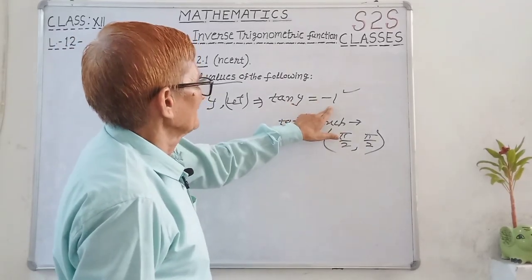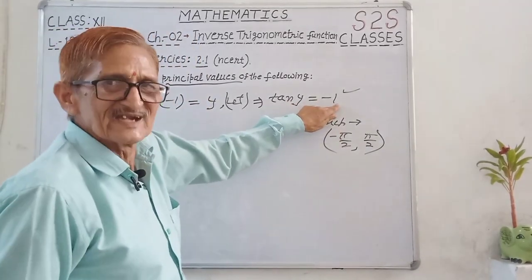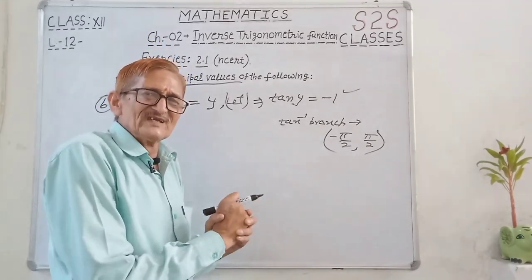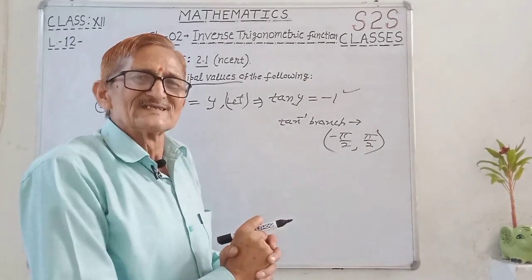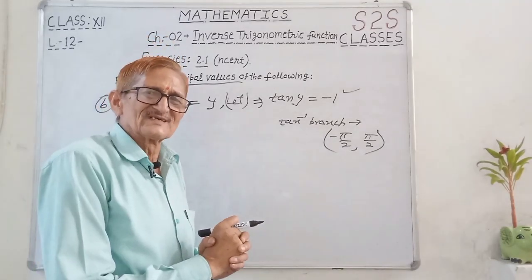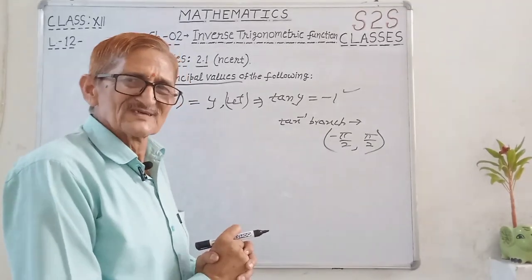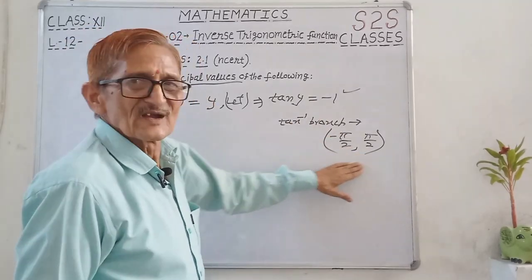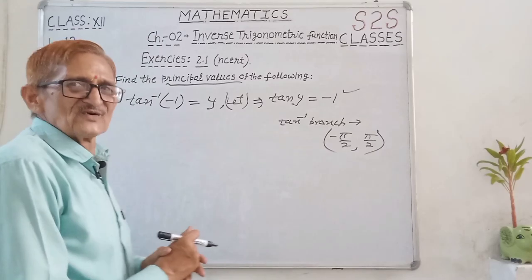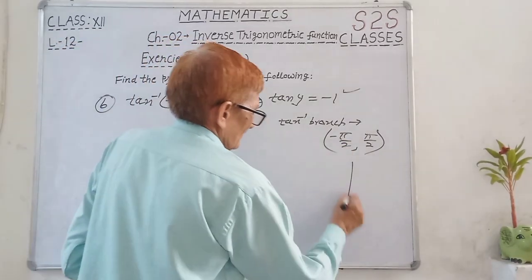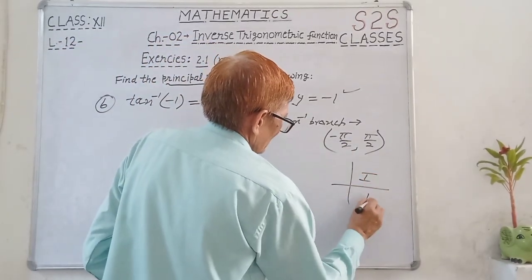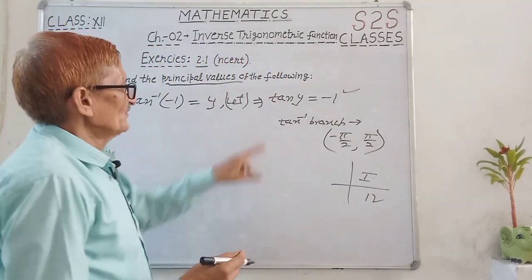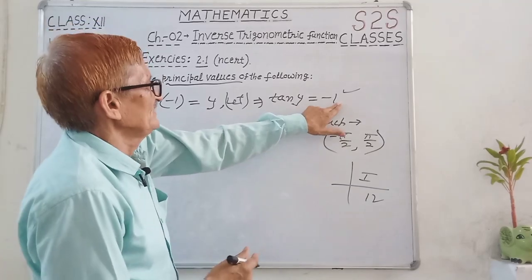Here tan y is negative. Where is tan negative? In the second and fourth quadrant. So according to the branch, it must be in the fourth, because the branch covers first and fourth. So we have to write in the fourth.